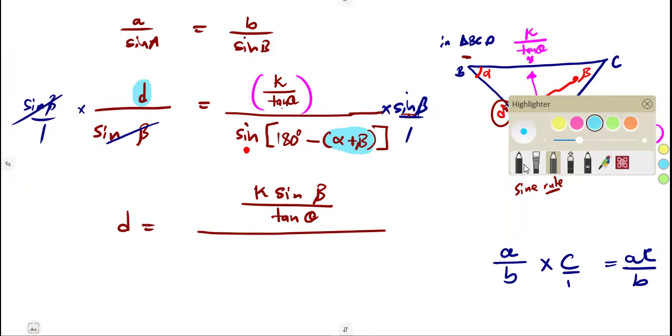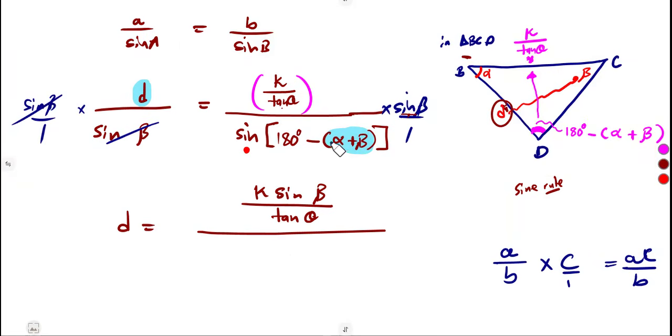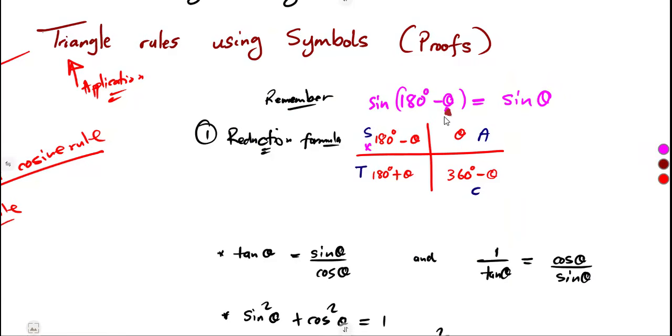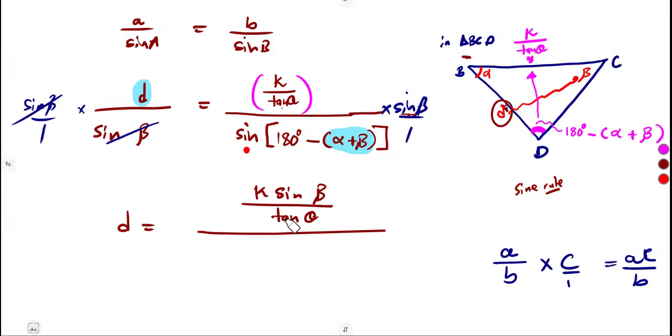So it's sine of 180 degrees minus whatever you're subtracting there, which is the same as sine of that theta. Therefore, in this case, it is sine of what is inside the bracket, alpha plus beta. This is where we are.